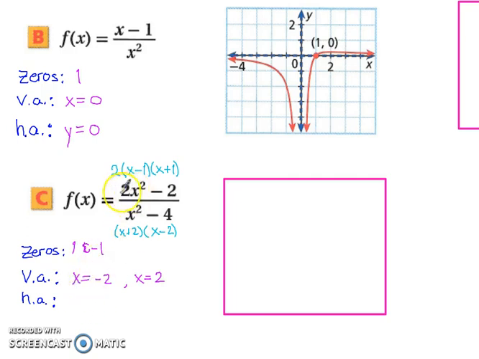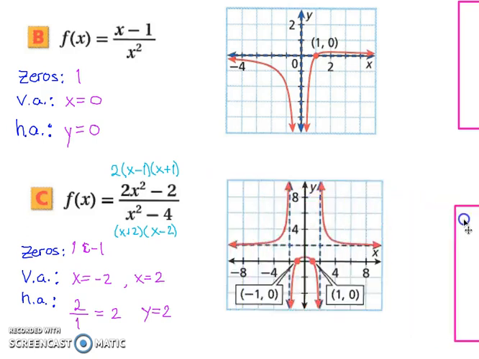So the leading coefficient of our numerator is 2, and the leading coefficient of our denominator is 1. So it's 2 divided by 1, which, well, that's 2. So therefore, your horizontal asymptote is going to be y equals 2. And now we graph. So notice how you have two vertical asymptotes and then one horizontal. This is the graph you receive.